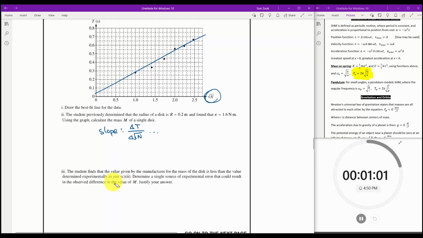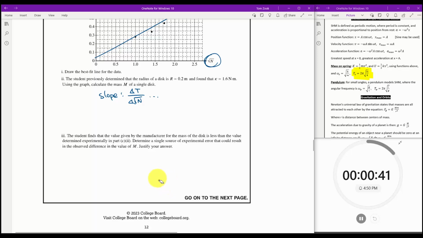Then it says student finds that the values given from the manufacturer for the mass of the disc is less than the value determined. So if you calculated 1 kilogram here, it's listed as 0.8 or something. Determine a single source of experimental error that could result in the observed difference in M. There could be a ton of things. There's friction in the system, but that's more of just like a general error.